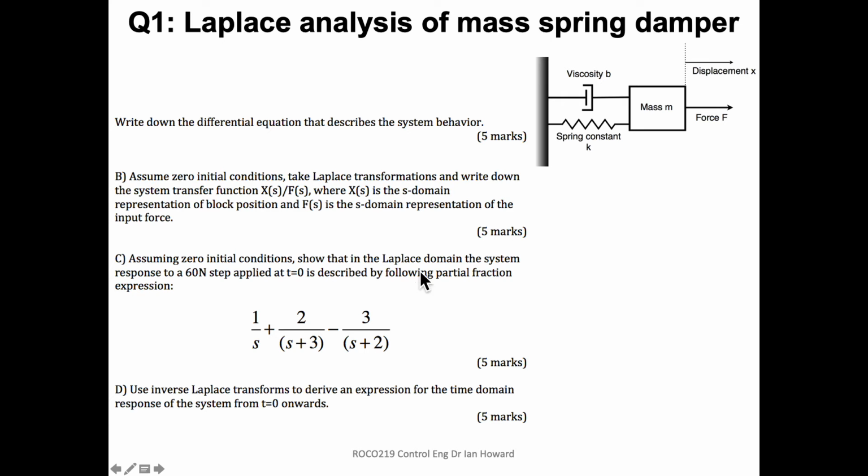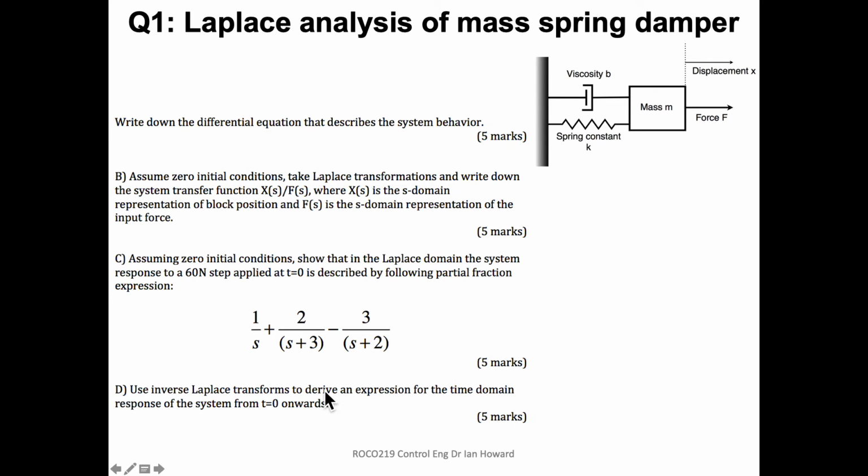Next, given that we managed to calculate the transfer function, we want to drive it by a unit step force of 60 newtons at t equals 0. This is going to give rise to a response, and we're obviously going to get the response in the S domain. By using partial fractions, we should be able to calculate that this is given by this expression here.